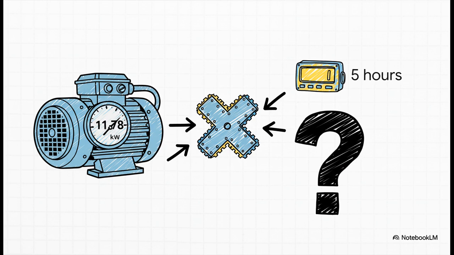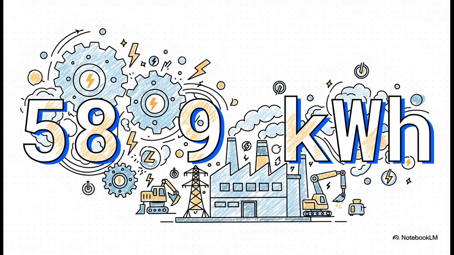We just take that power number, 11.78 kilowatts, and multiply it by the 5 hours the motor was running. Pretty simple, right? And there it is, 58.9 kilowatt hours. Wow. You can really see how fast the energy usage scales up with that heavy-duty industrial equipment. I mean, that's almost 9 times the energy of our little household appliance.